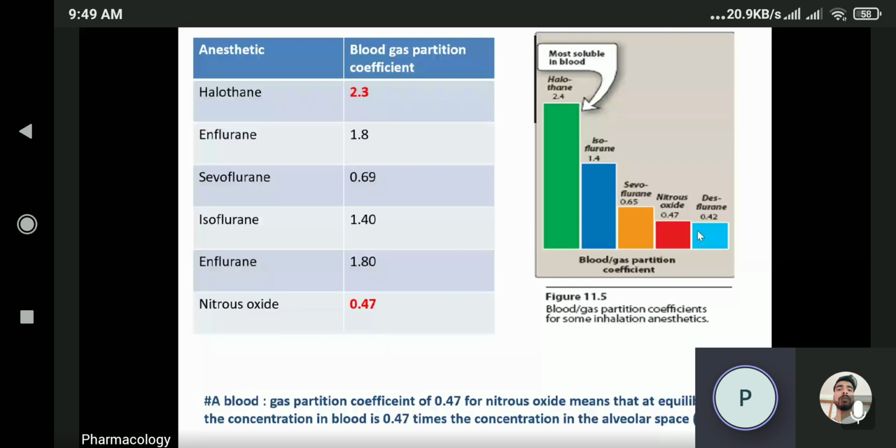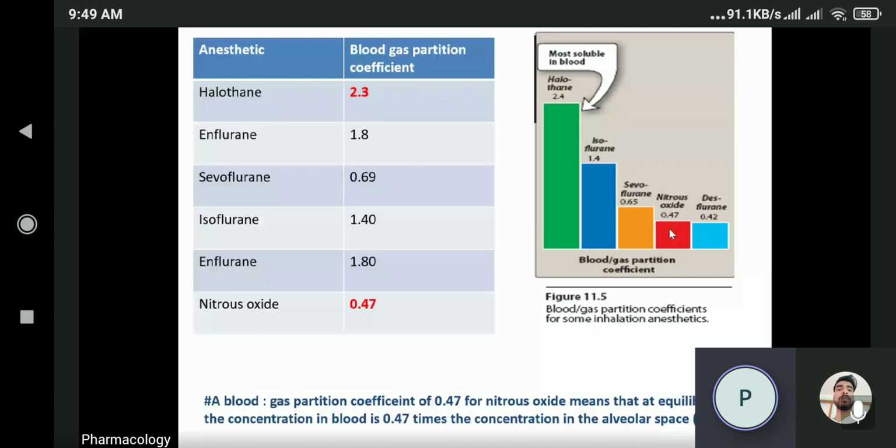The group of drugs having a higher blood gas partition coefficient are more soluble in the blood, so they will show a slower onset of action, whereas nitrous oxide, which has a lesser blood gas partition coefficient, is less soluble in blood, so it will enter the other compartments, the tissues, more easily, and will have a faster onset of action. Is that clear? Am I clear? Yes, ma'am.